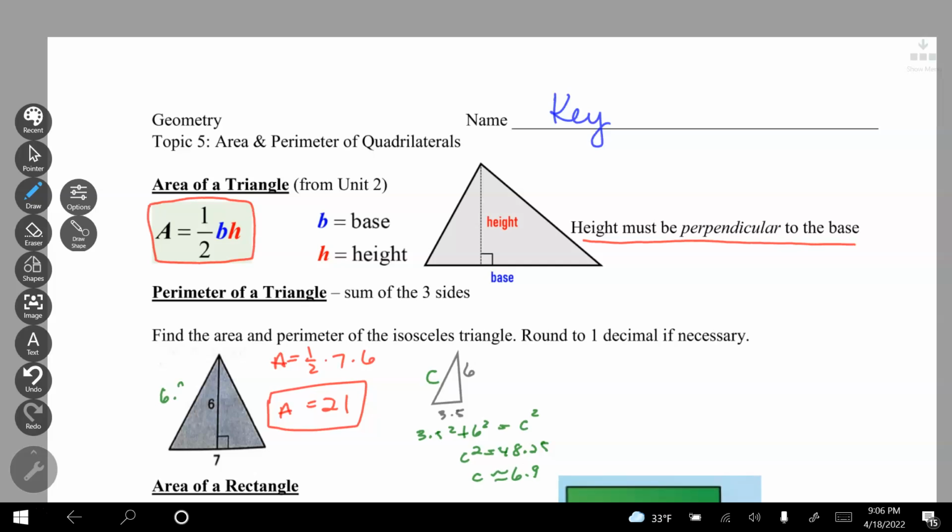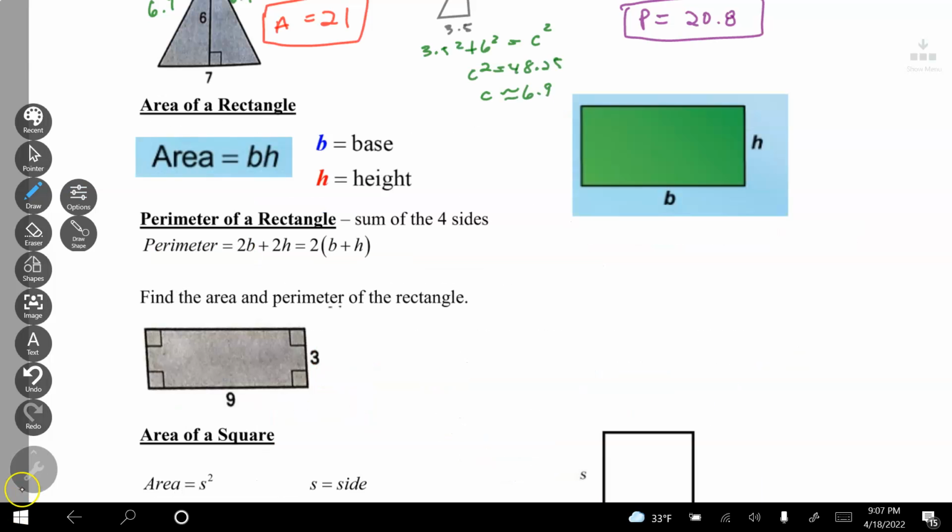So this side is 6.9, this side is 6.9. And my perimeter is adding up the 3 sides, 7 plus 6.9 plus 6.9. So my total perimeter is equal to 20.8 units, whatever the units are.